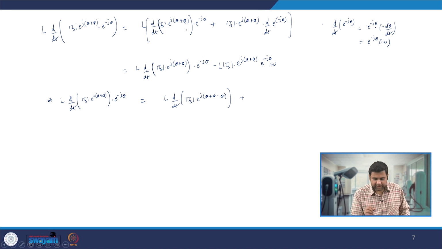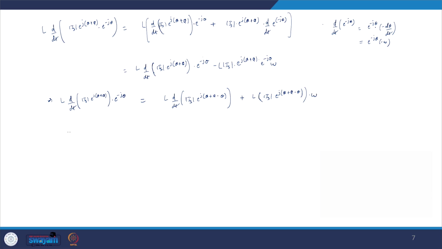Before that we have just represented in this manner, and this goes there, so that will be L Is e power j(theta plus phi minus theta) into omega, and that we can say L Is e power j(theta plus phi minus theta) is nothing but L Is e power j phi plus L omega.